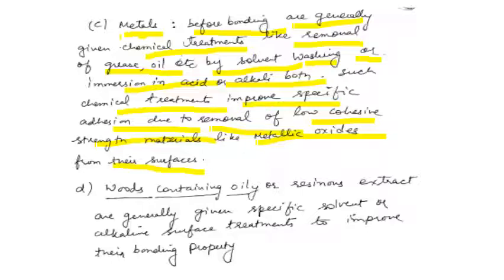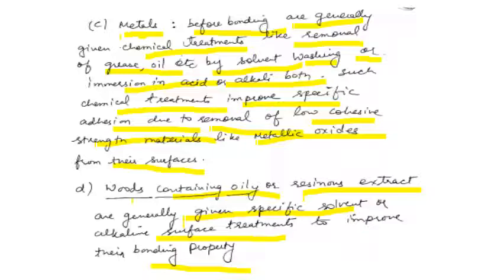And if the adherent surface is wood containing oily or resinous extract, or any oily substances, it is generally given a solvent or alkaline surface treatment to improve its bonding property.